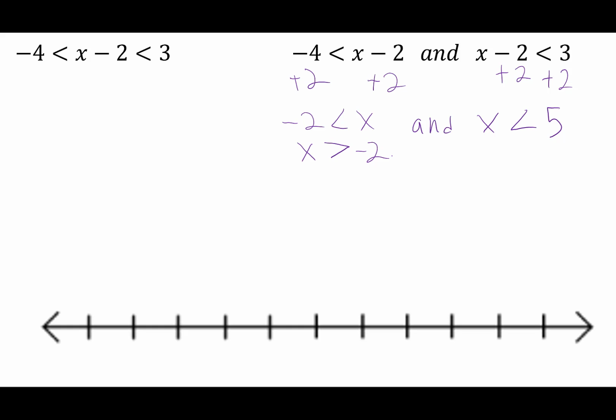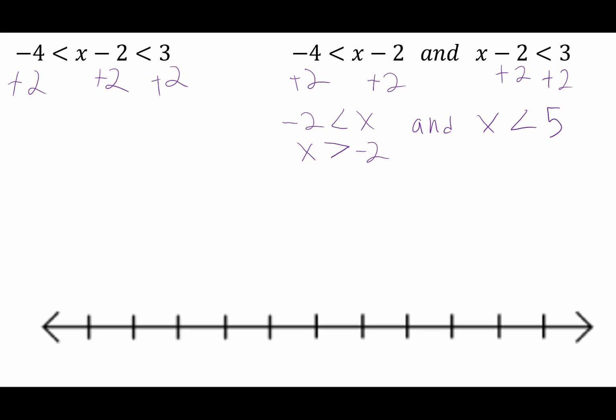All right, I'm going to show you the other way we can solve this. Without splitting this into two, I can still work this out. I'm going to simplify the middle and work it out. It's kind of like if I covered up the right side of the inequality, and I would just have -4 less than x minus 2.